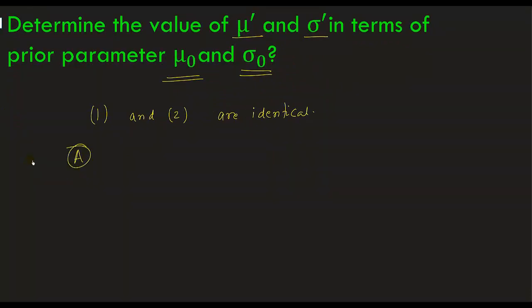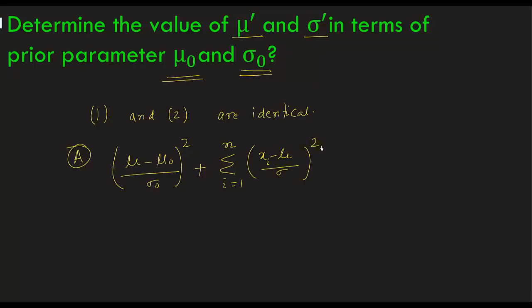So the a term is nothing but I have (mu minus mu naught) over sigma naught raised to the power 2, plus summation i equals 1 to n of (xi minus mu) divided by sigma, squared.